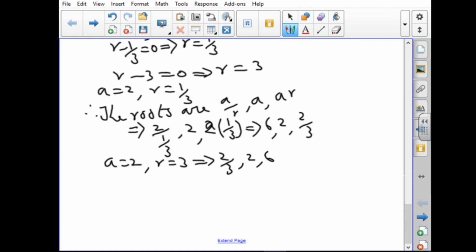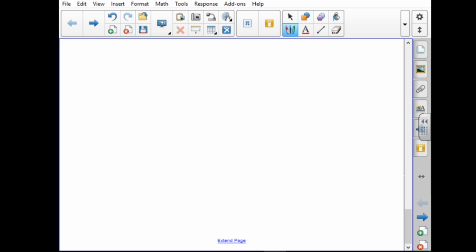Now coming to question number 4, the fourth question. Determine k and solve the equation 2x cube minus 6x square plus 3x plus k is equal to 0 if one of its roots is twice the sum of the other two roots.